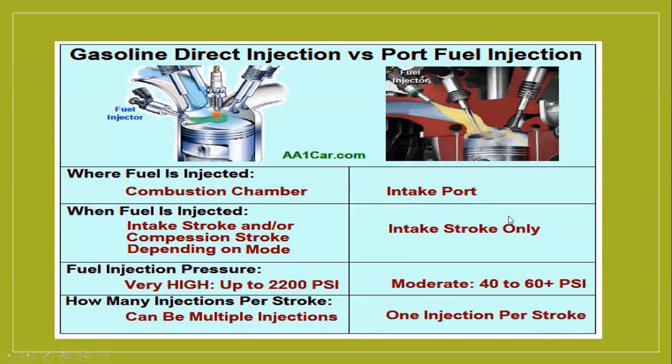If you want to inject directly, the pressure should be high, right? Sometimes multiple injection is also possible, but we will not go into much of it. It is one of the ways to inject. Some inject directly into the combustion chamber, some into the intake manifold, right?